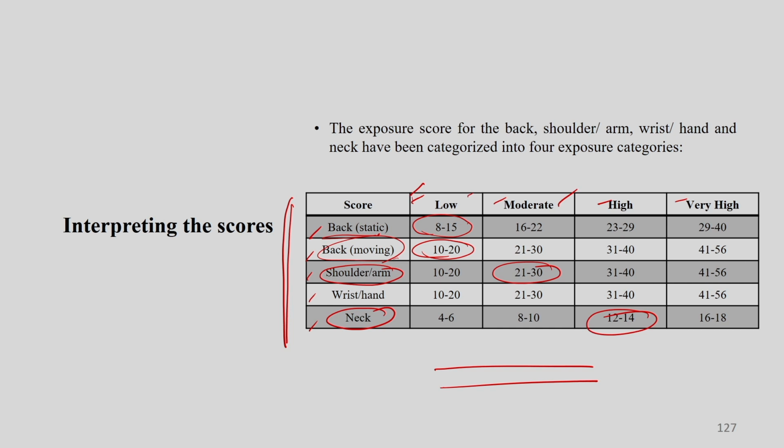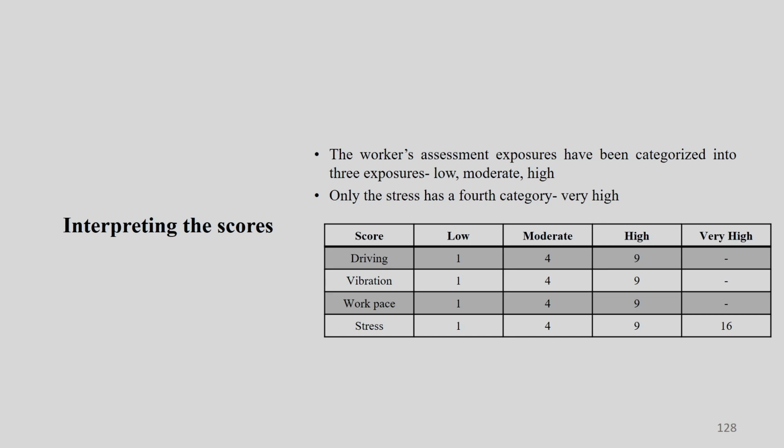And going ahead for the design intervention: the workers' assessment exposure has been categorized into 3 exposure levels again, like low, moderate, high. Sorry, not 3. Very high is present only in the case of stress, but for other cases it is only 3. So for driving, vibration and workspace, you can have the value and get the categorization done.